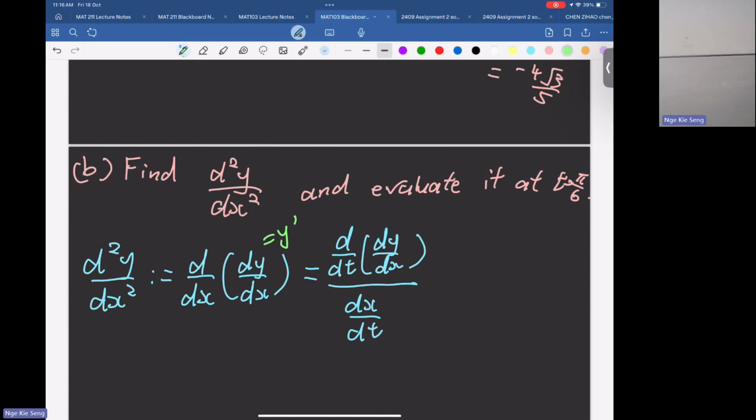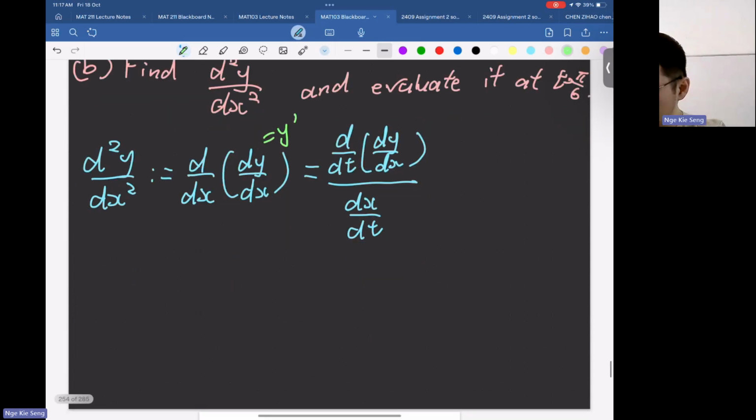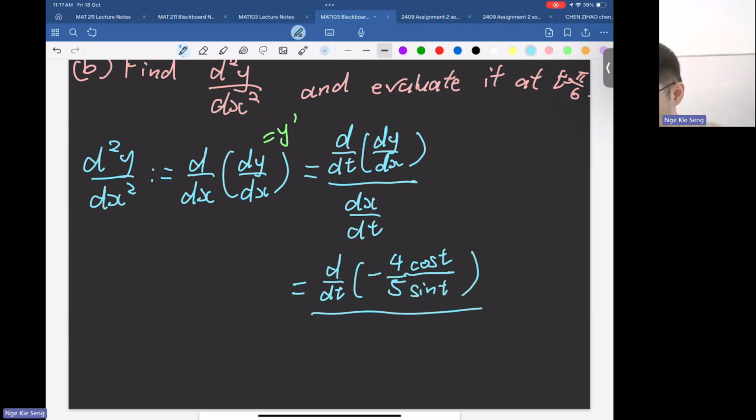Now the question is, how do you differentiate the quotient d/dt of negative 4 over 5 cos t over sin t, over dx/dt, which we know is negative 5 sin t? You use your quotient rule, and in the end you can check you get negative 4 over 25 sin cubed t at the bottom.